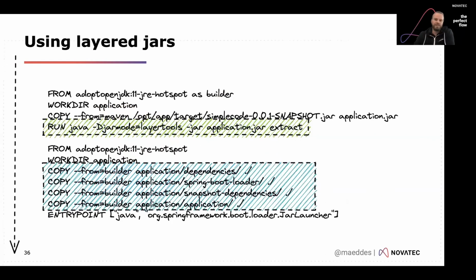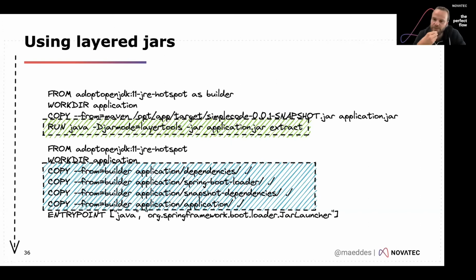Now, one step to approach that, and I hope you can read this well, is using so-called layered jars. If you run java -Djarmode=layertools, you can extract those individual layers of a jar file, and then you can add them step by step as individual container layers.